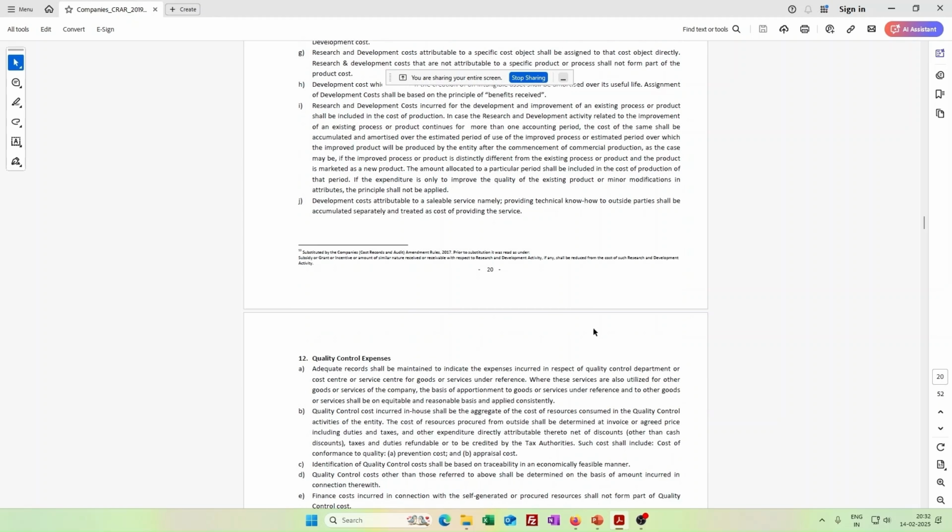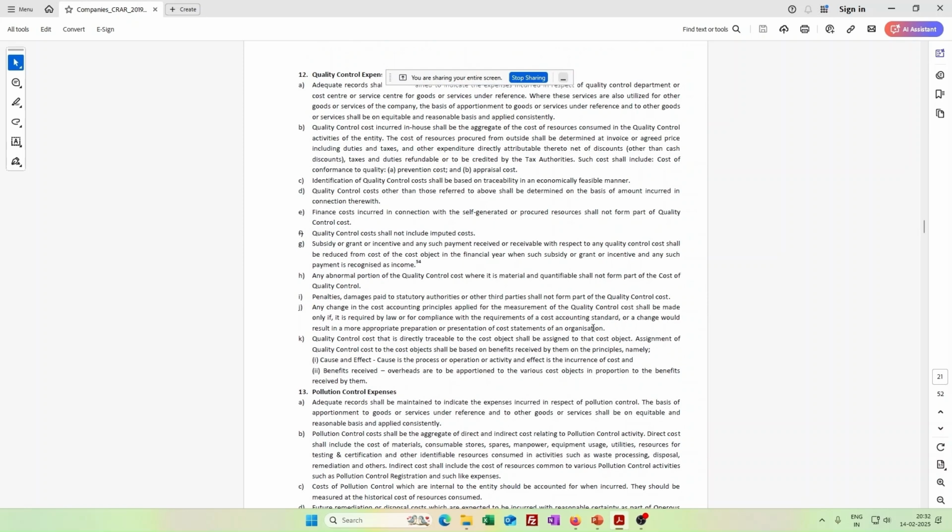Quality control expenses. For maintaining the quality of production, companies incur expenditure. This is called quality control expenses. Here also you have to book the quality control expenses separately.